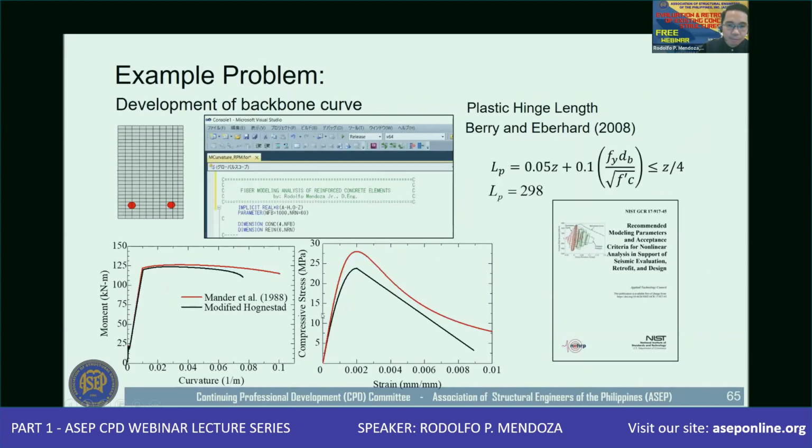Now, using this information, I calculated and adopted an equation for the plastic hinge length in order to transform my curvature into rotation. This equation was obtained based on the recommended equation by Nise and Lee Herb.